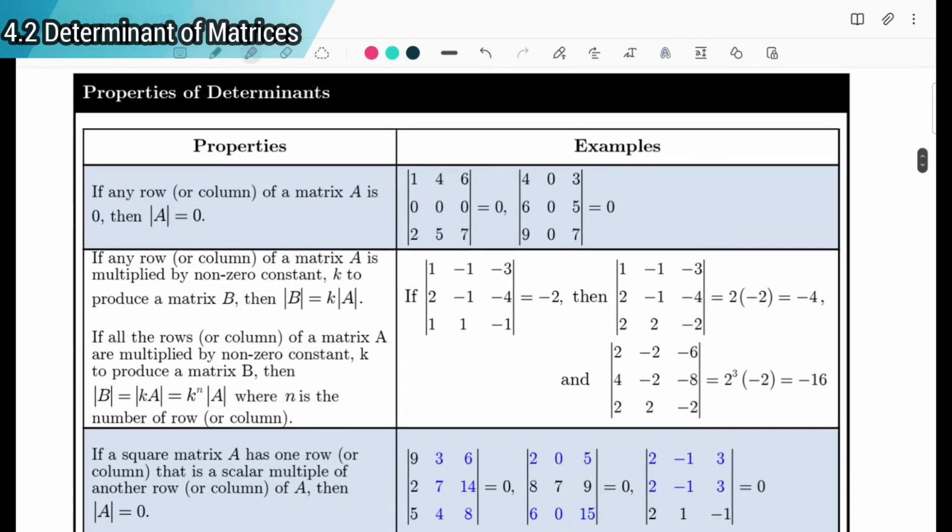Properties of determinants: if any row or column of a matrix A is 0, then the determinant of A is equal to 0.